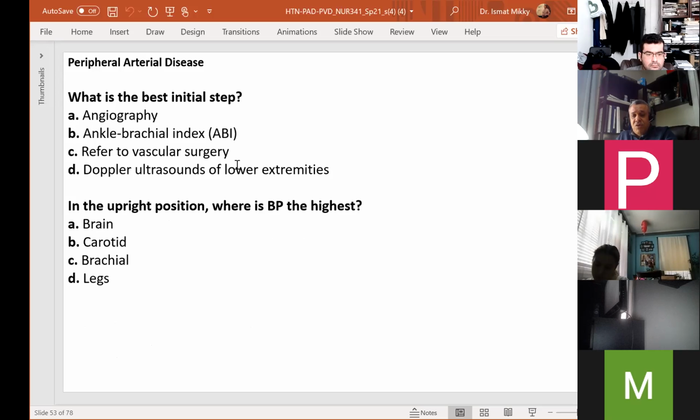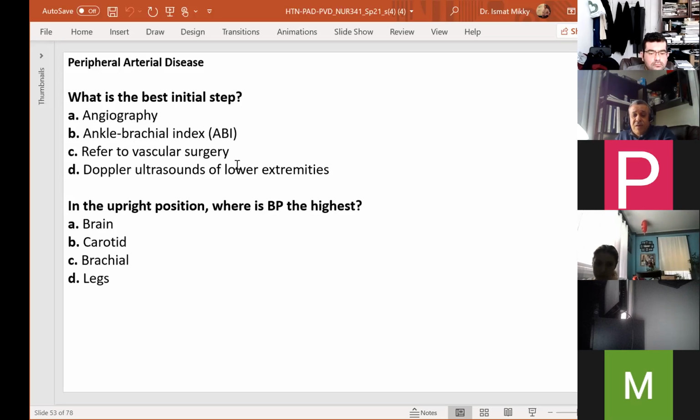Because it is premature to go straight to the angiography. Angiography is the most accurate test, but it's not the one to establish the initial diagnosis for PAD. And Doppler ultrasound, you will use it only when you cannot feel the pulses.